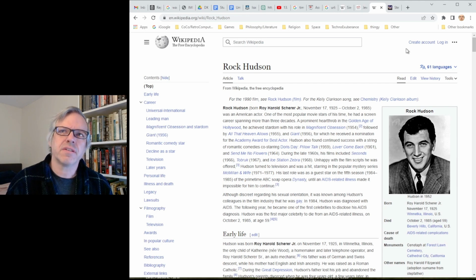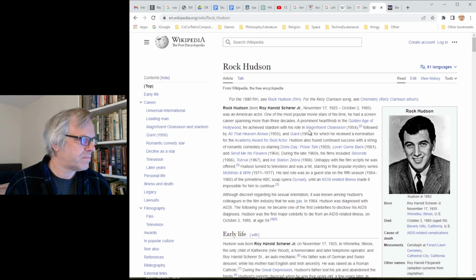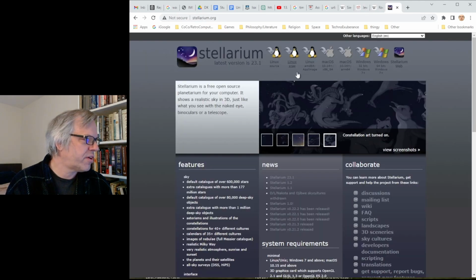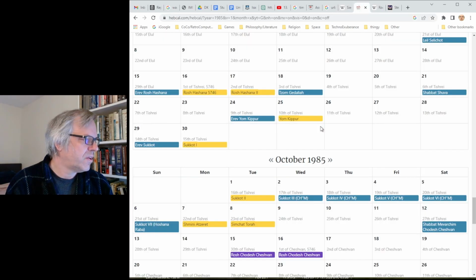Actually, I think Pat Boone was able to talk to him, if I remember correctly. But anyway, we learned that he was sick, and as we were building the building there, so that's why I've got him. The Stellarium software is available at stellarium.org if anybody wants to mess around with it. So there you go.